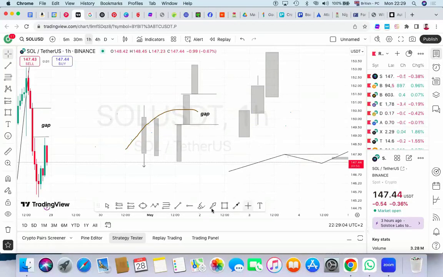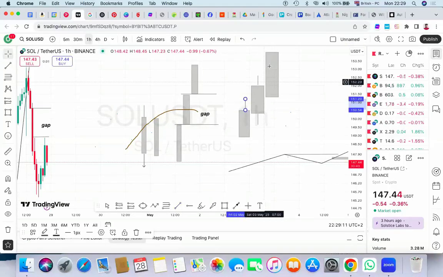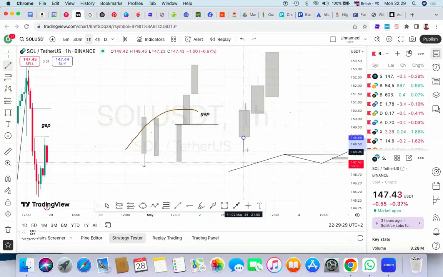Let's say this also is having a wick. You can see this is a Marabozu candle without the wick. Those two are with the wick. Let me say this wick here is clearly small. And we also have this. But regardless, you see that there's a gap.